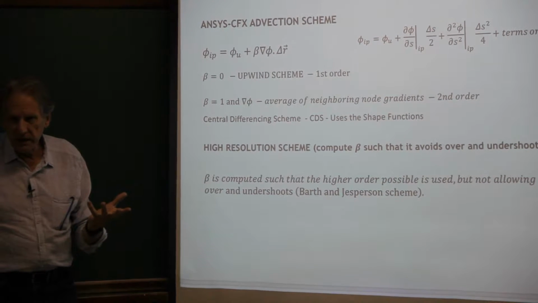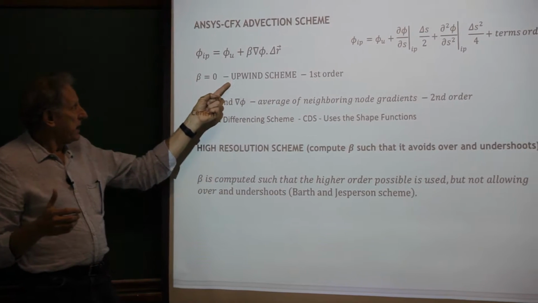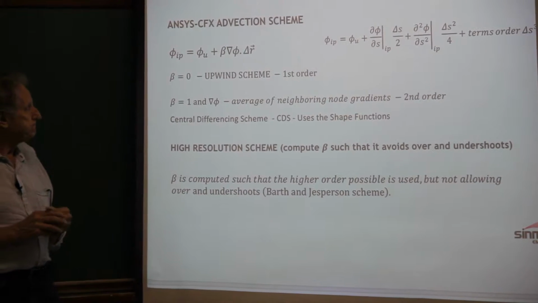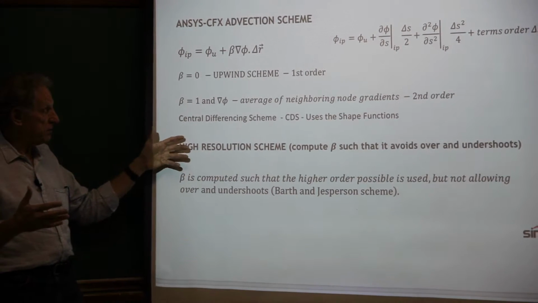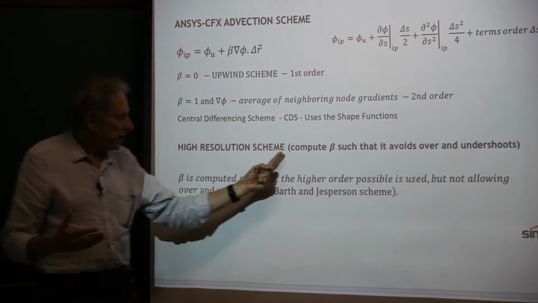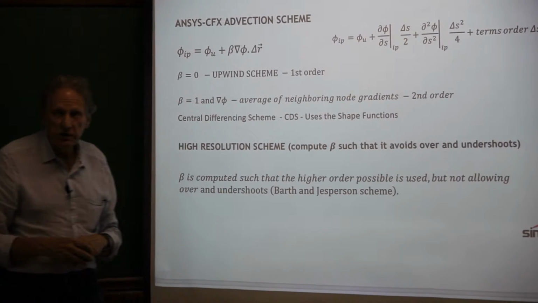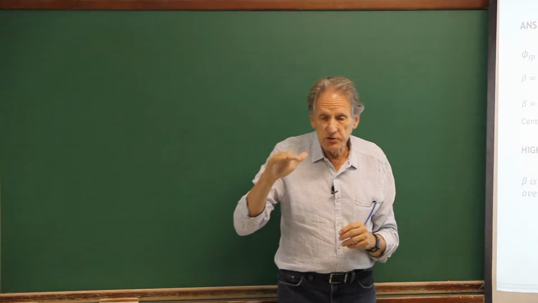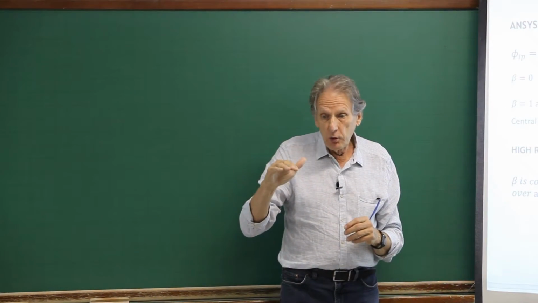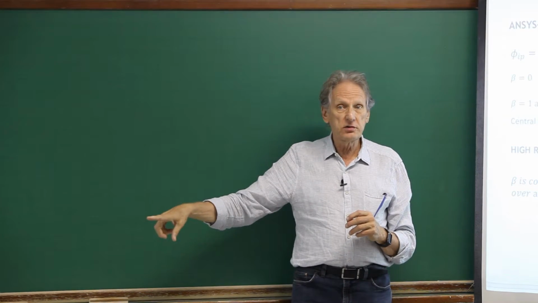It's easy to implement. And this algorithm gives some high resolution scheme, as they say, is to compute beta such that it avoids over and undershoots. If you are with a fixed beta equal to 1, you may have regions of the flow where you have overshoots and undershoots.